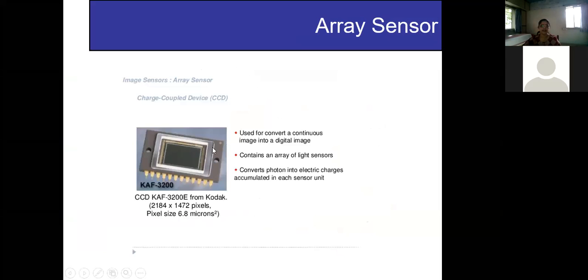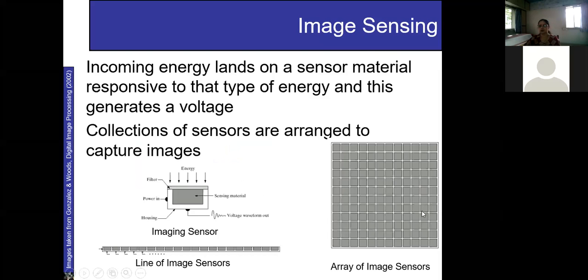This is an example of a charge coupled device array type sensor. This is by Kodak, which has a pixel resolution of 2184 by 1472. It basically converts your photon energy into electric charges. These charges accumulate in each sensor unit, and there is an array of such sensor units as shown here.